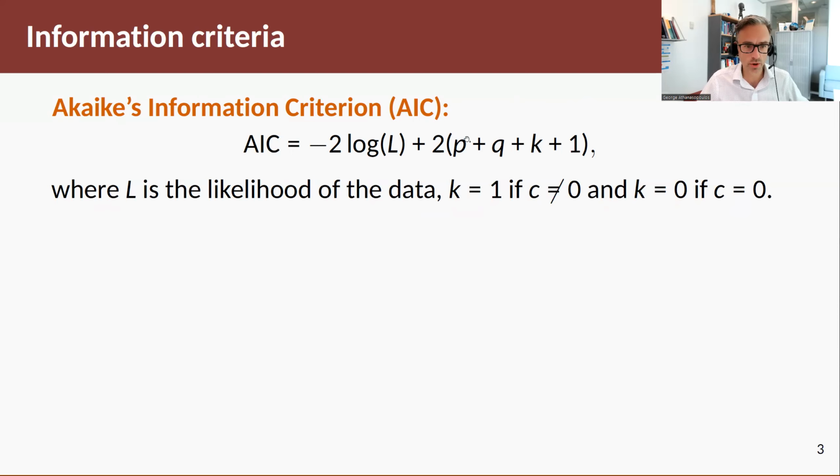The number of parameters in the model are p for the autoregressive part, q for the MA part, k, which is 1 if we include a constant or 0 if we don't, and we also have 1 for the variance estimate.